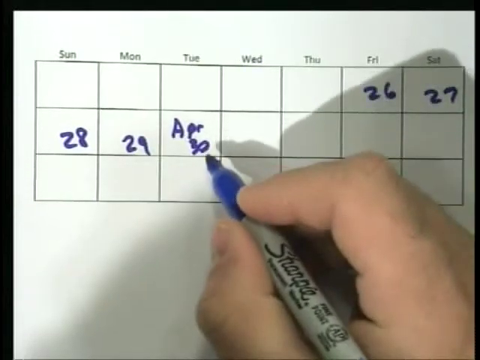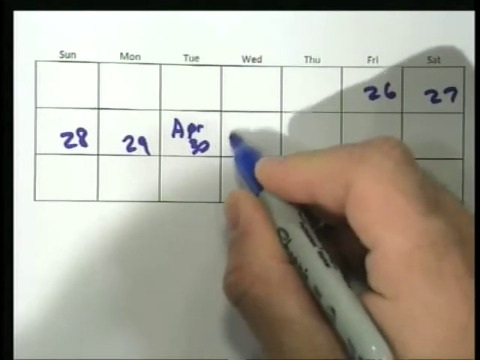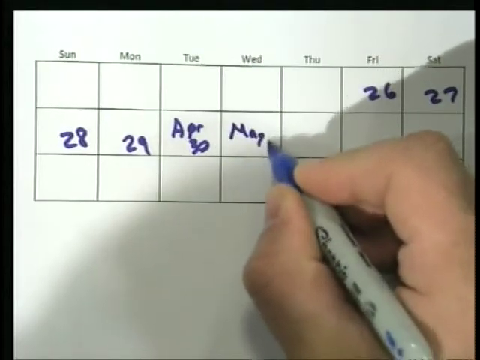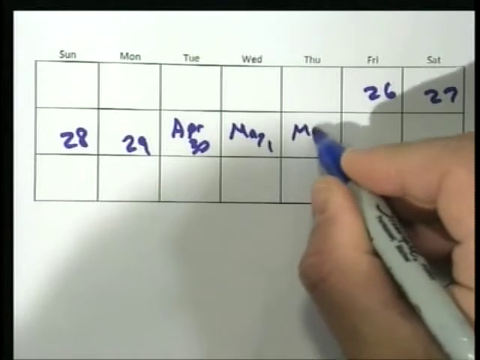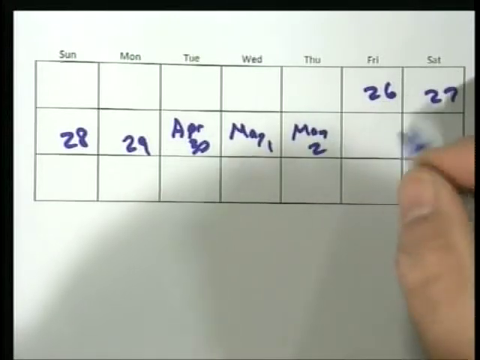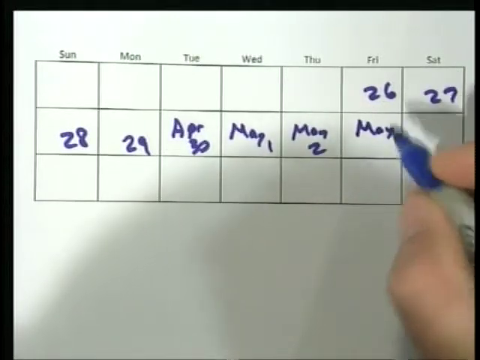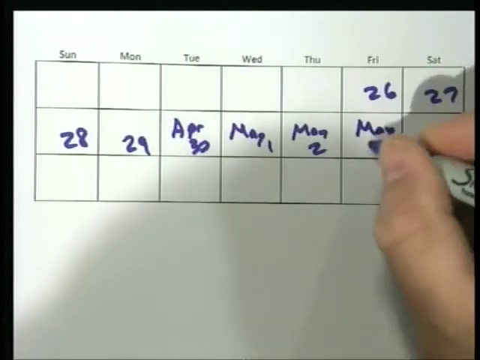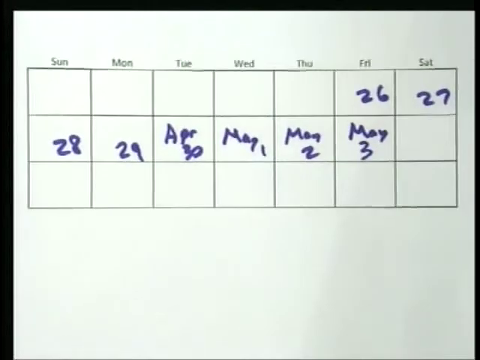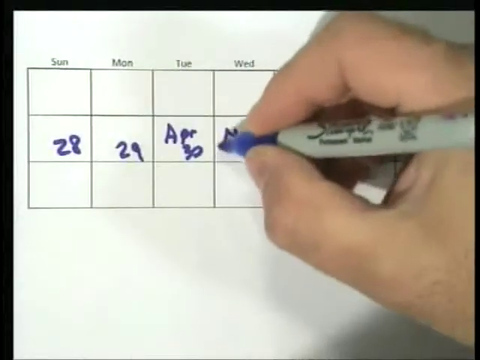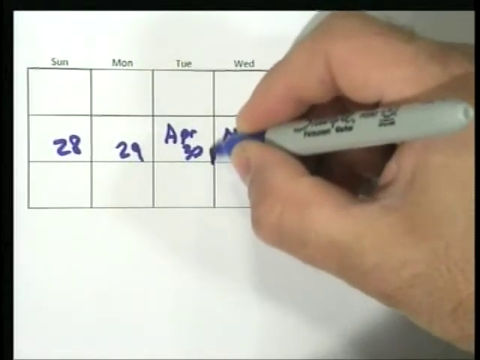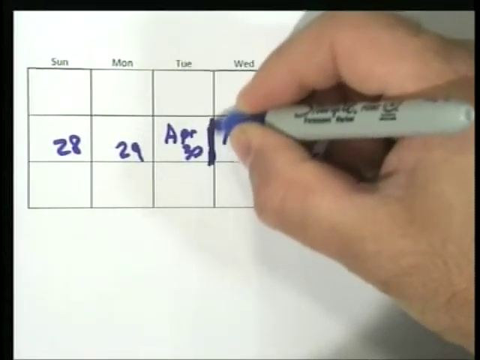And April has 30 days, right? So this is May the 1st, and this is May the 2nd, and this is May the 3rd. Now, when do we prepare financial statements? As of the end of what day? At the end of the 30th. So we prepare financial statements right at the end of this day. Correct?